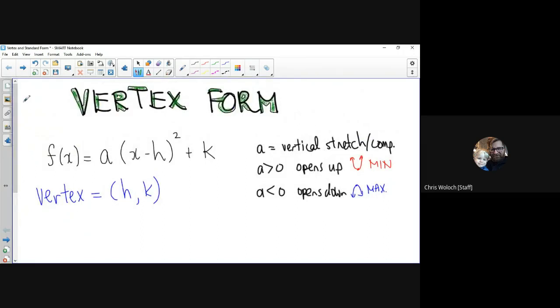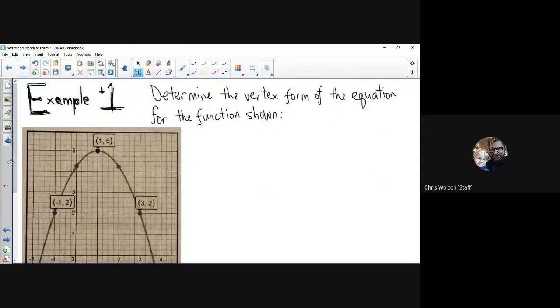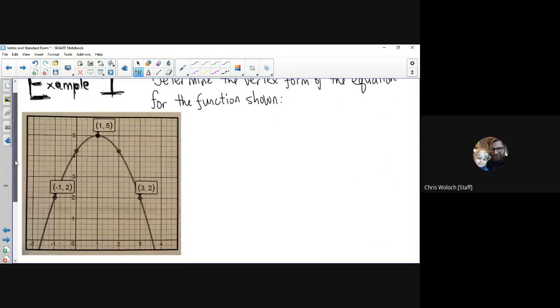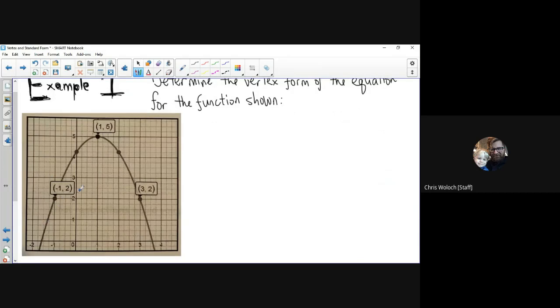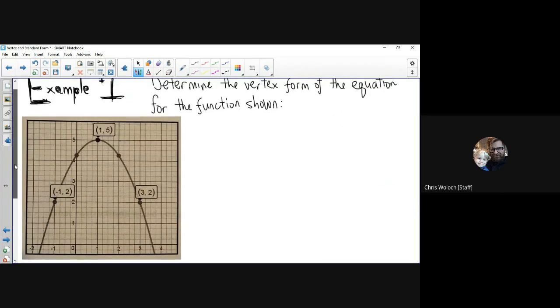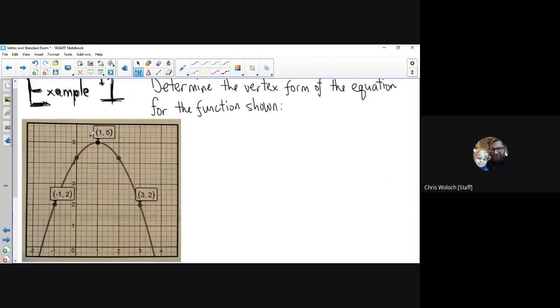So what we're going to do now is just do a couple of examples of finding equations of quadratics. All right. So here we want to determine the vertex form of the equation for the function shown here. So I've got this nice little function here. It's a parabola, and I want to find the vertex form equation.